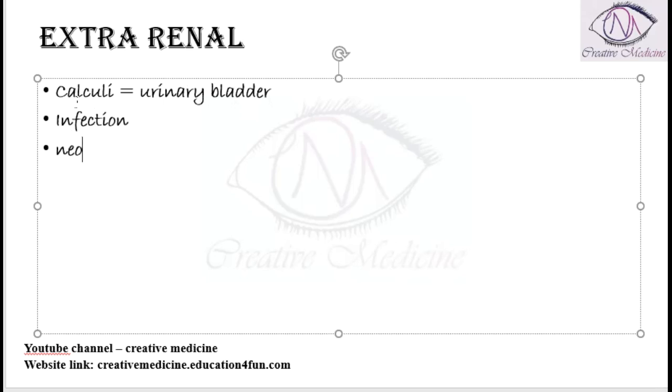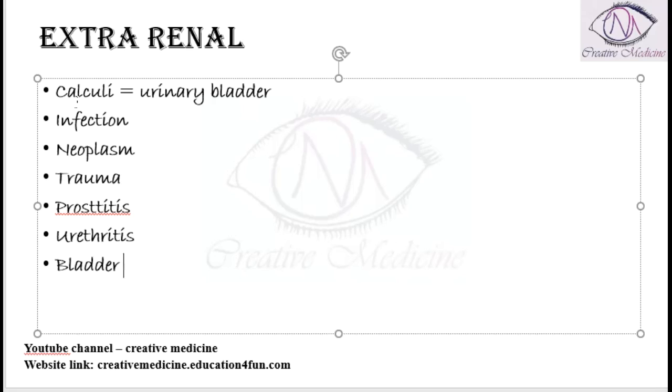Then neoplasms can occur, especially urinary bladder neoplasms, trauma, prostatitis, urethritis. In the bladder, sometimes catheterization of the bladder can cause hematuria, or hematuria can also occur due to post-cyclophosphamide use. Post-cyclophosphamide use can also cause extrarenal hematuria. So all these are extrarenal hematuria.